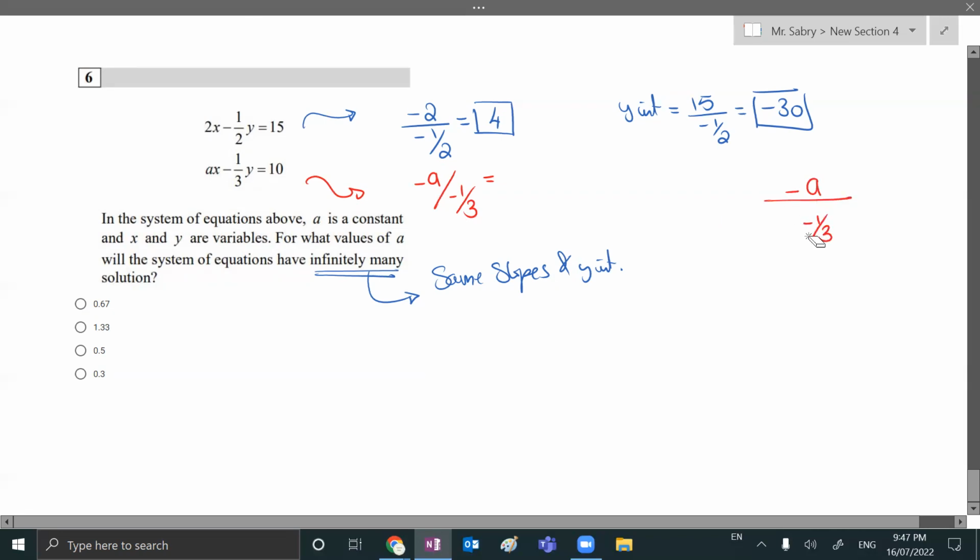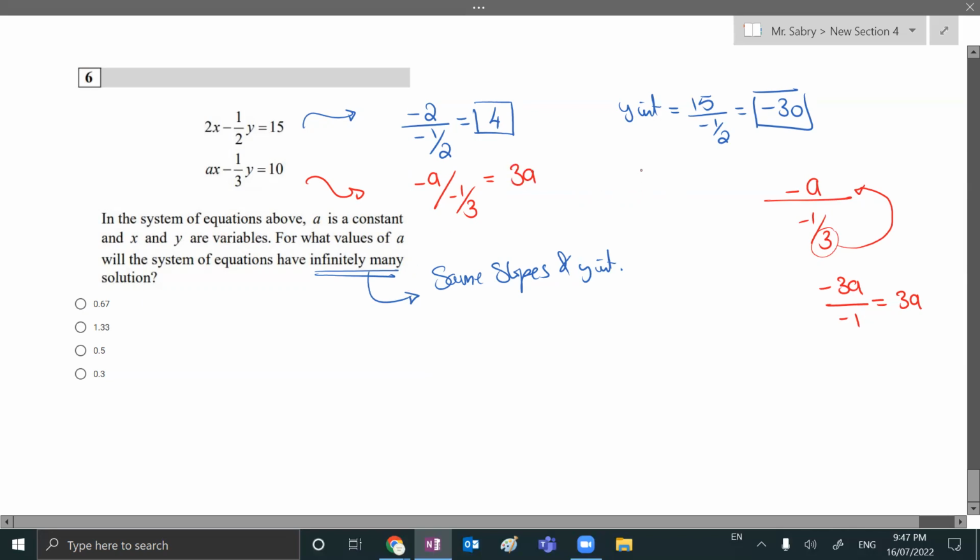What do we do when we have something like this? This number down here goes up by multiplication, which means it will become negative 3a over negative 1, which means it will become 3a. So negative a divided by negative 1 over 3 is equivalent to 3a.